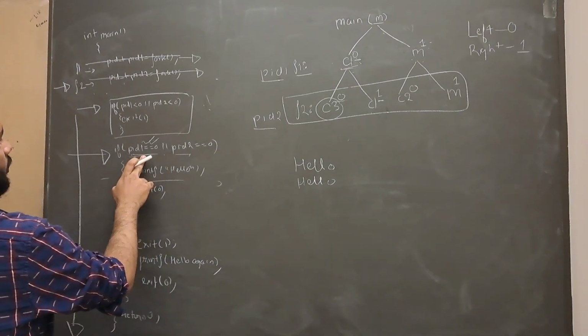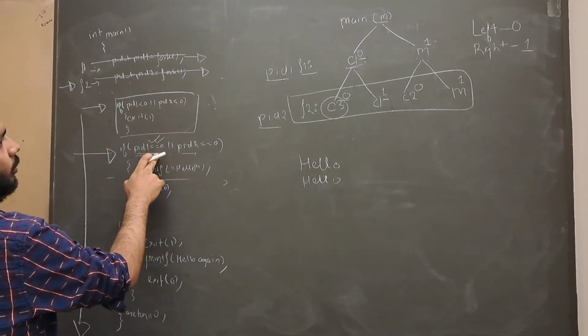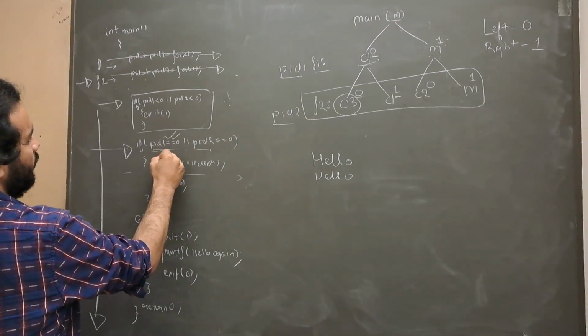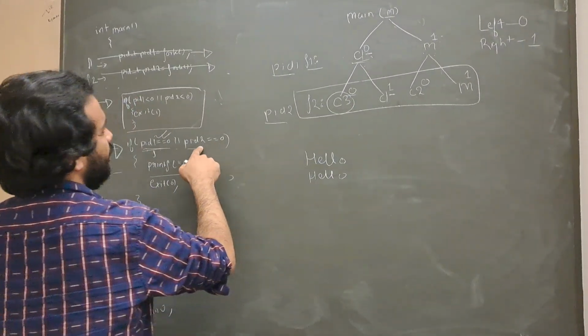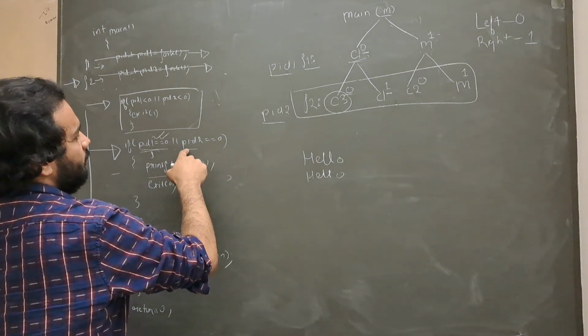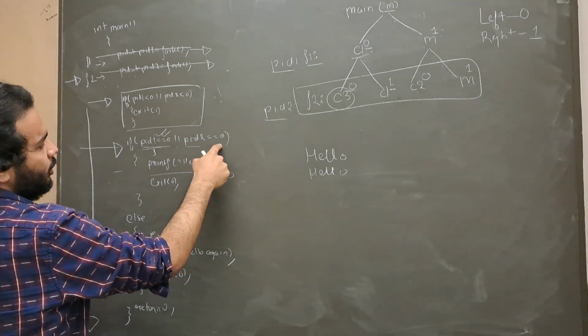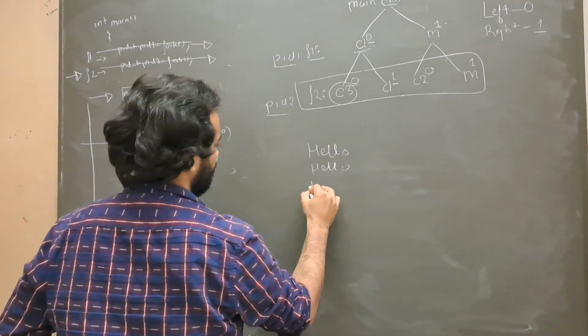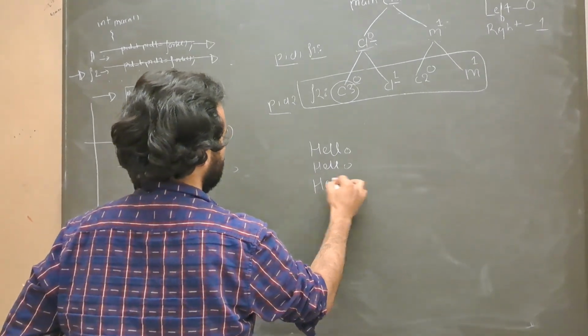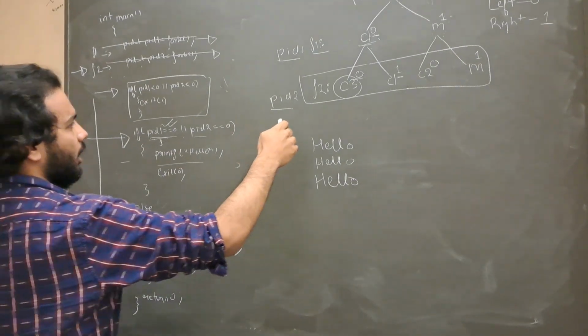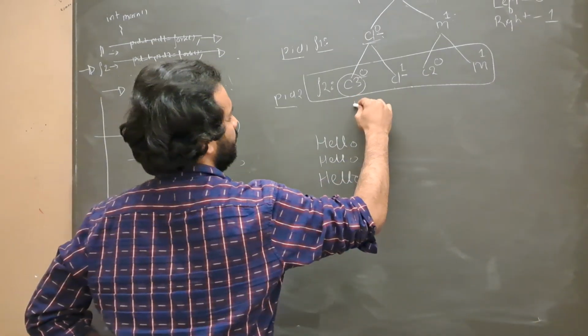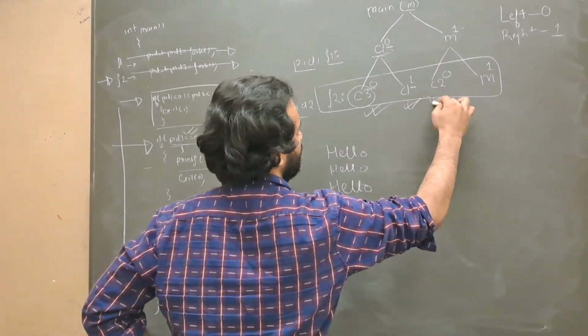So PID1 is equal to 1, so this won't work, this will be false. And for the next, PID2 is 0, so this will be evaluated to true and the next printf will be printed over here.